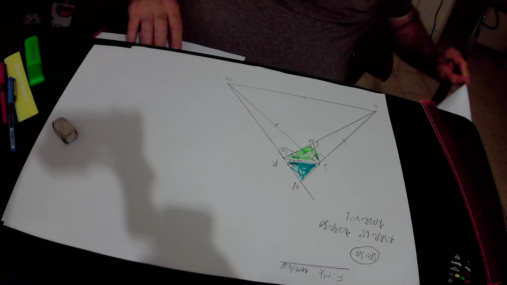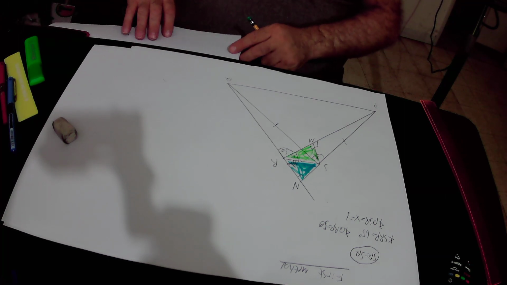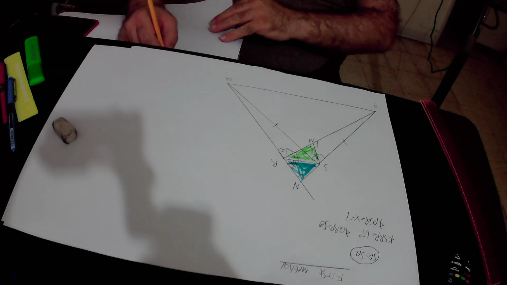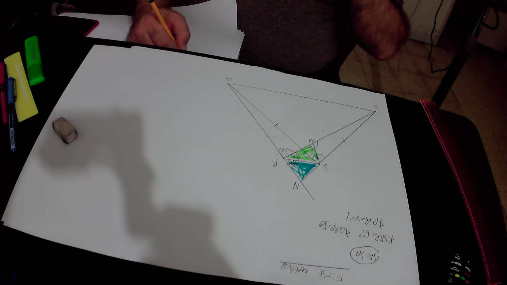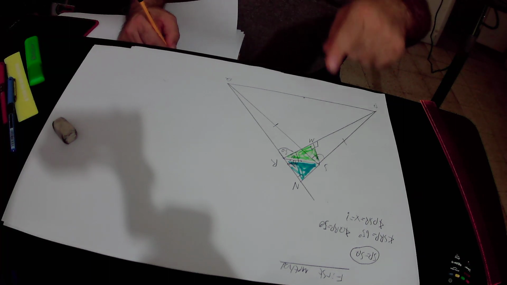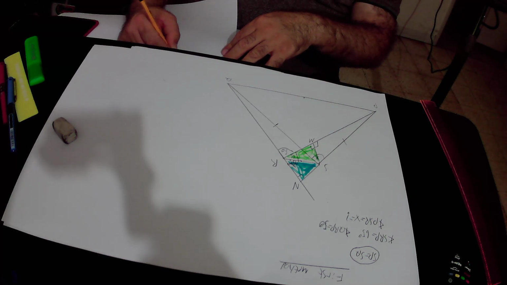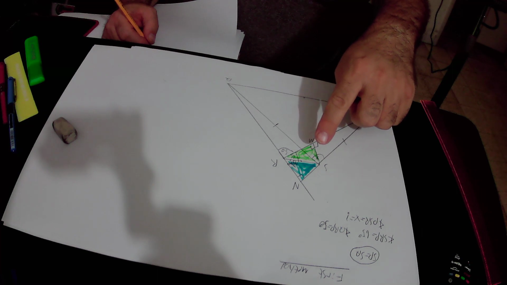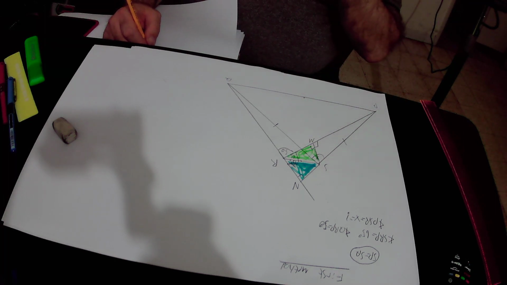Okay, so we will focus on triangles SRM, the green right triangle, and the blue right triangle SNR.